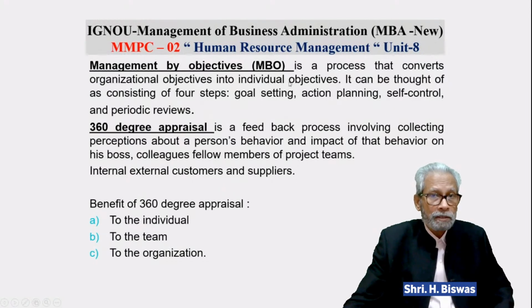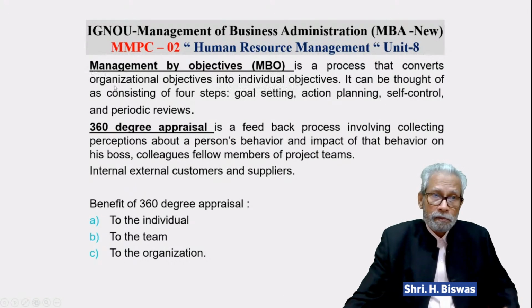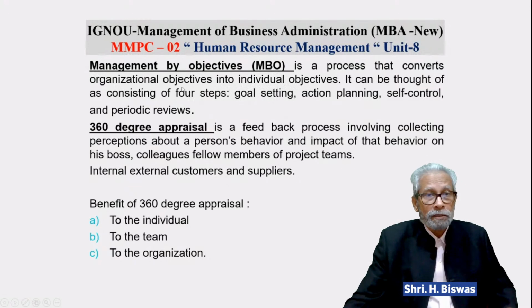It may not be the same because individuals will have different conditions, different priorities. So somehow we have to explore how individual objectives can be converted into organizational objectives or vice versa. Then it will be a win-win situation and you will get a good product.